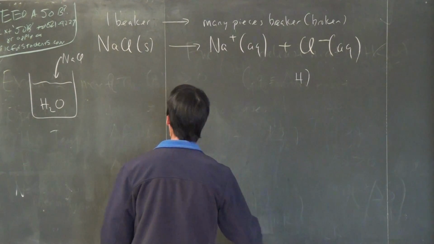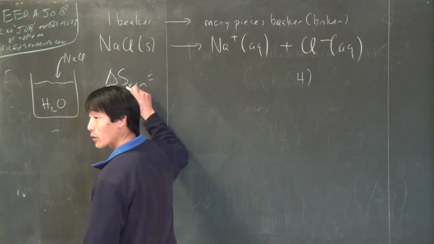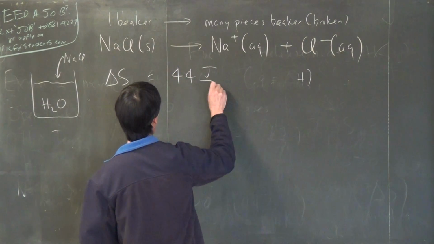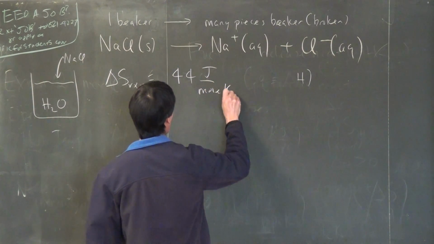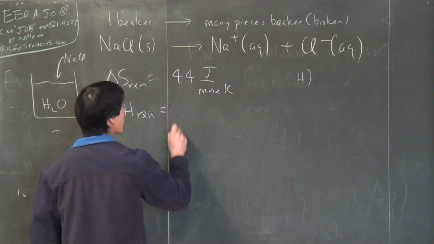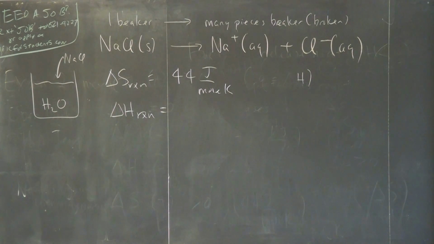Let's see, so Jeff calculated delta S for this reaction to be, what you said it was 44, Jeff? 44 joules per mole per degree. So let's do it for delta H for this reaction. We need to look up the delta H formation of each reactant and product.